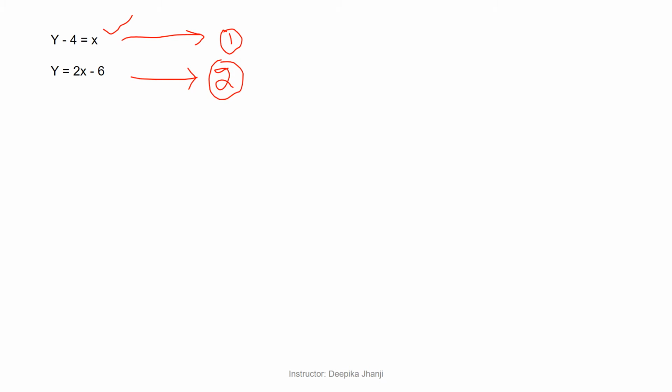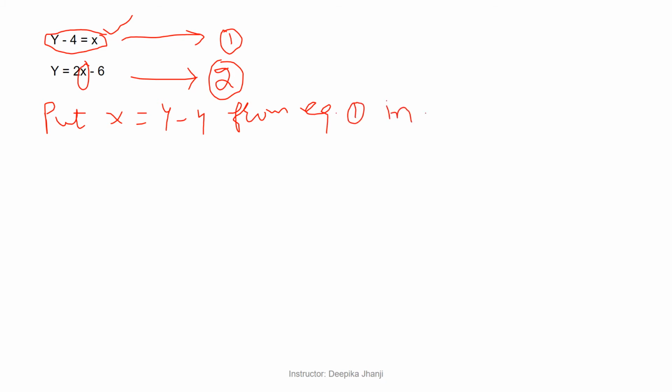So I'm going to pick the value of x from equation 1 and replace this x by y minus 4, right? So put x equals y minus 4 from equation 1 in equation 2, right?